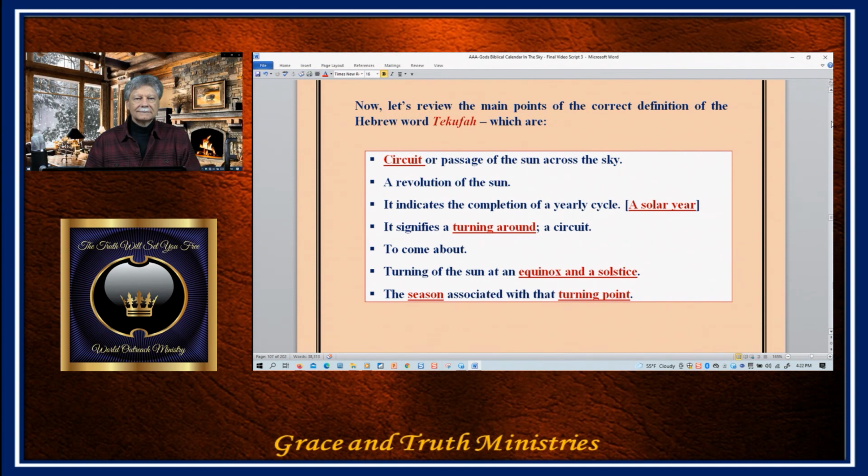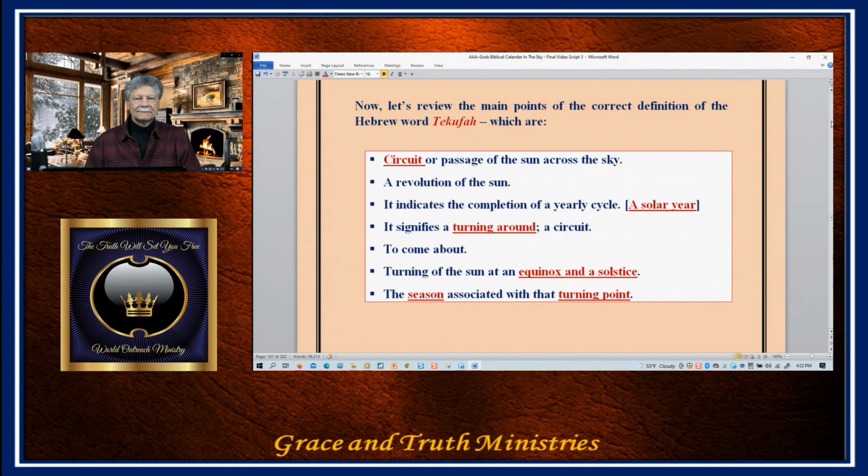Now let's review or summarize the main points that we learned from these different resources about the correct definition of the Hebrew word tikva, which are, number one, circuit or passage of the sun across the sky. Number two, a revolution of the sun. Number three, it indicates the completion of a yearly cycle, a solar year, because it's dealing with the sun, right?